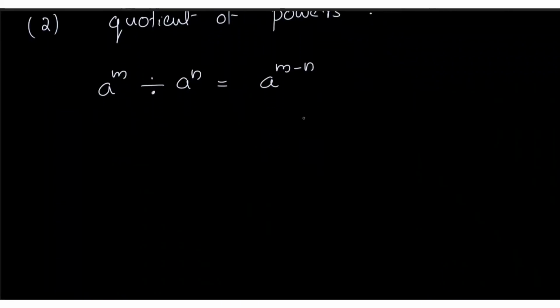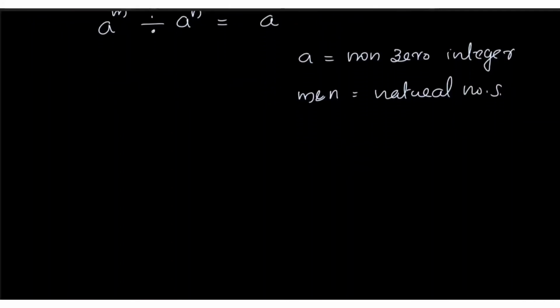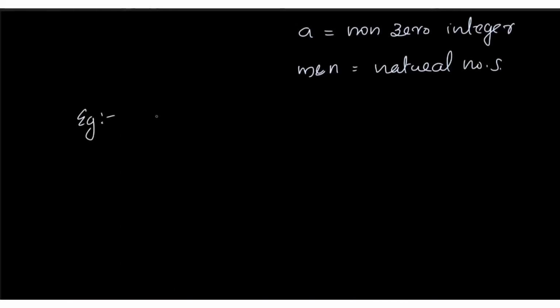Here also a is a non-zero integer and m and n are natural numbers. Here we can write an example, that is 5 raised to 7 divided by 5 raised to 2 is equal to 5 raised to 7 minus 2. That is equal to 5 raised to 5 itself. This is known as the quotient of powers. That is the second law.